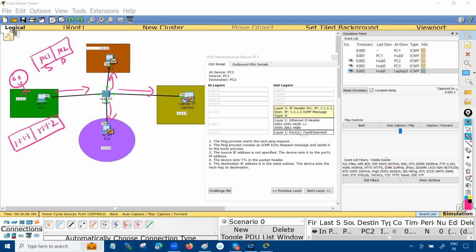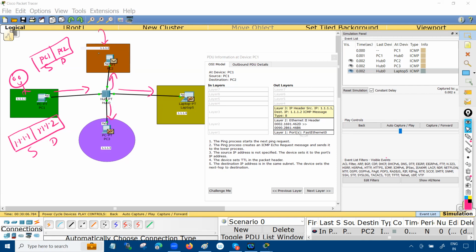PC5 is saying, hey, you know one thing, my IP address is 1.1.1.4, your destination is 1.1.1.2. I'm not 1.1.1.2. Let me drop this packet. PC3 is also saying, hey, my IP address is 1.1.1.3. The packet that you're sending is for 1.1.1.2. Let me drop the packet. PC2 will accept this packet, because the IP address 1.1.1.2 belongs to it.